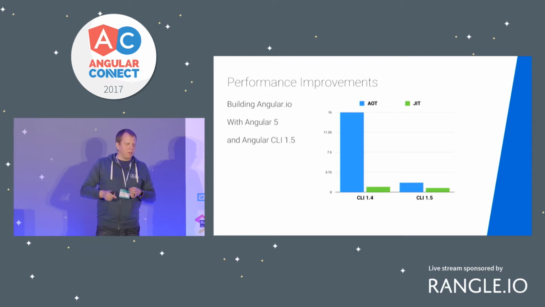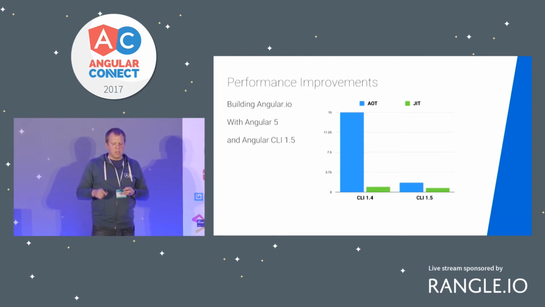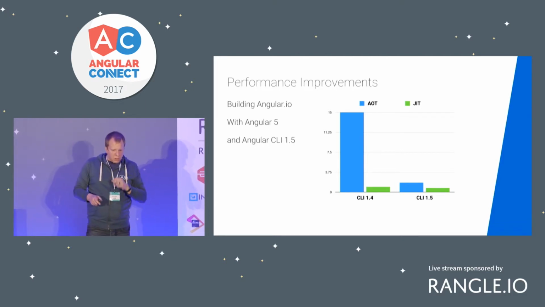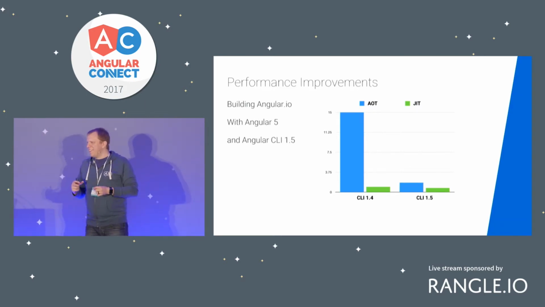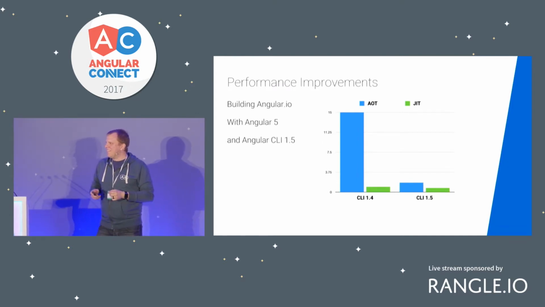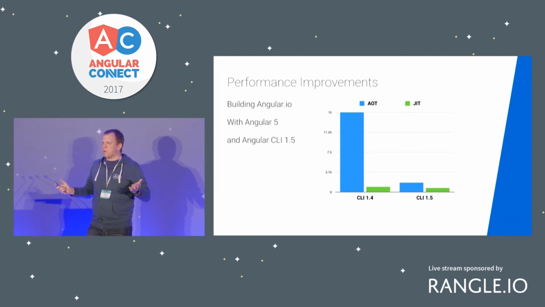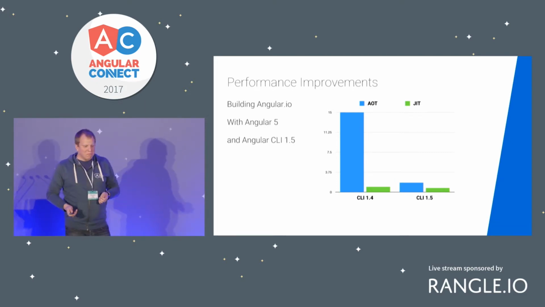On the Angular IO website, we went down to 1.2, 1.5 seconds rebuild times with AOT, which is just a little bit shy of twice the time of JIT. So you can actually use AOT when you develop now, so you don't have to worry about errors that just come out of nowhere when you start building for prod, which is really great.